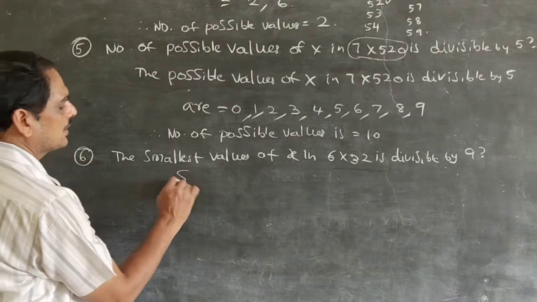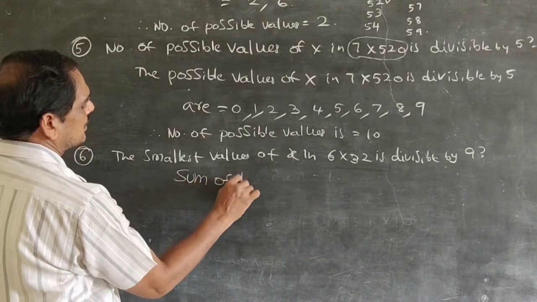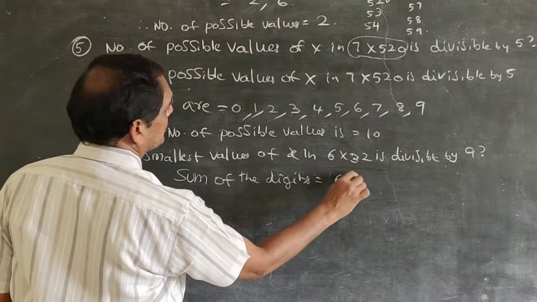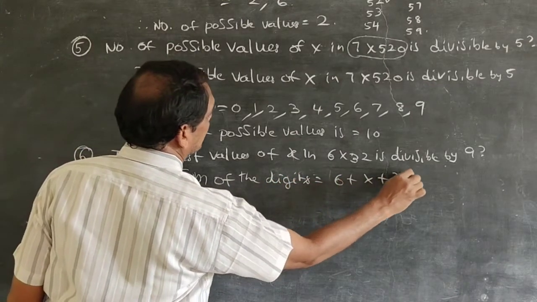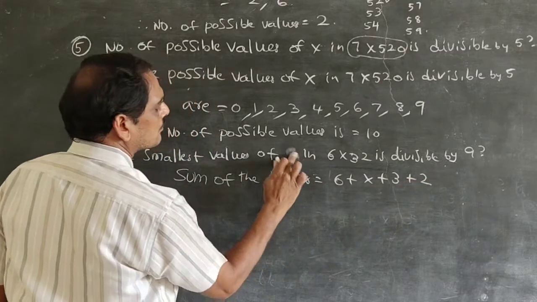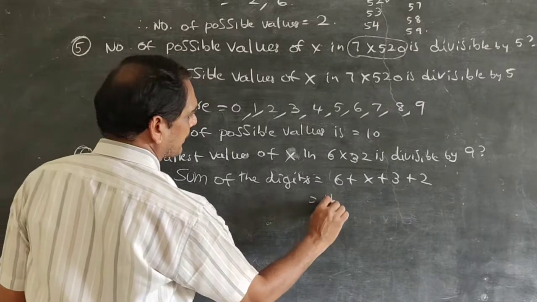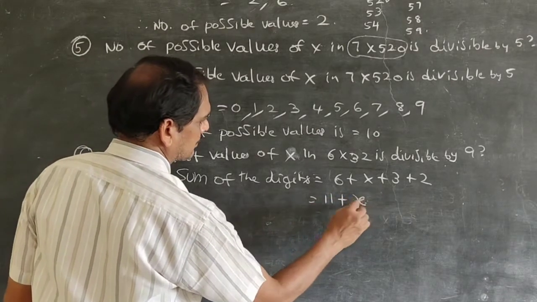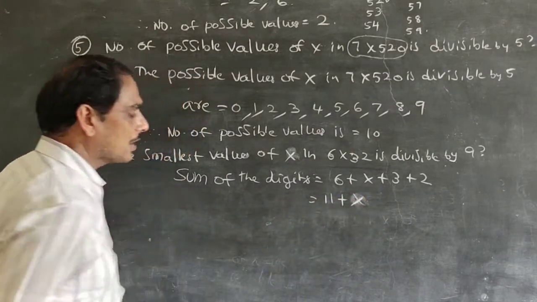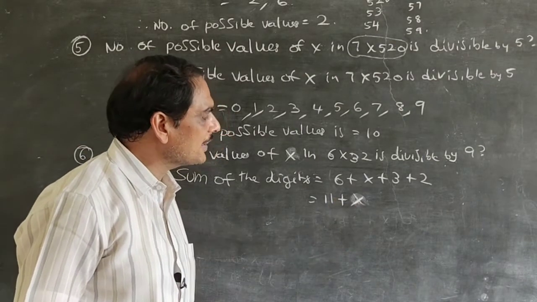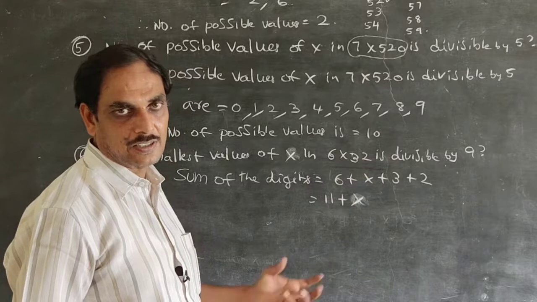So we write sum of the digits equal to 6 plus x plus 3 plus 2. That is equal to 6 plus 3, 9 plus 2, 11 plus x. Now for which values of x 11 plus x is divisible by 9 is our problem.